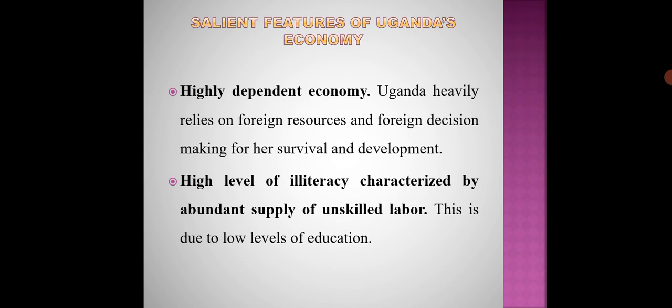Then the other is high level of illiteracy characterized by abundant supply of unskilled labor. So in Uganda, we still do have the illiteracy rate being a bit high, and this is seen in the unskilled labor we have in the country. It is at times caused by the low levels of education.